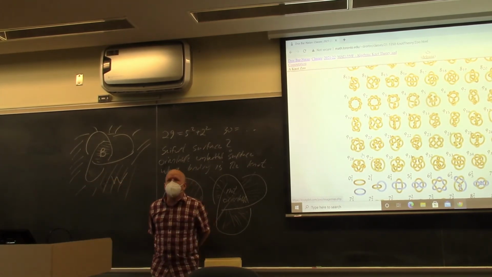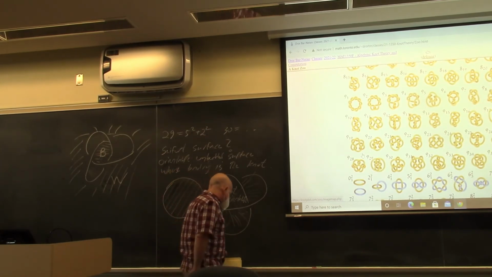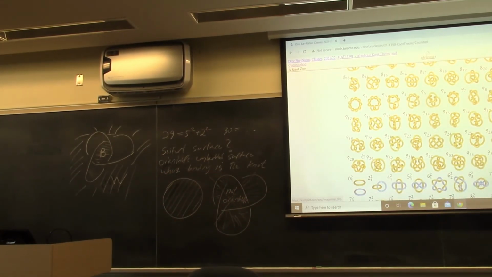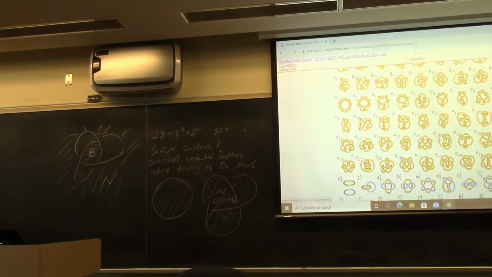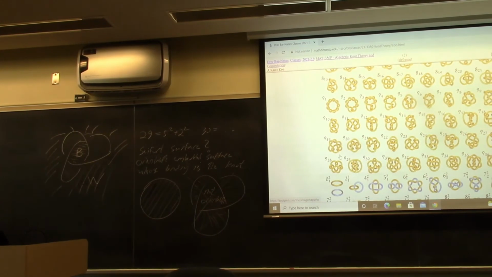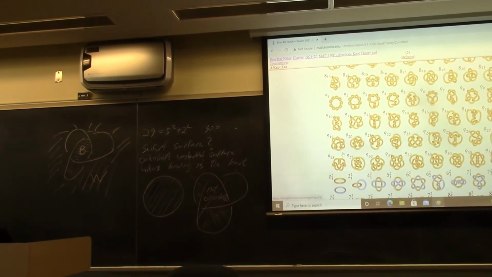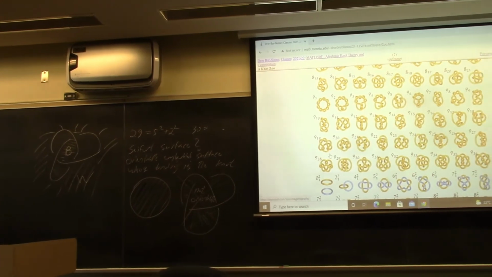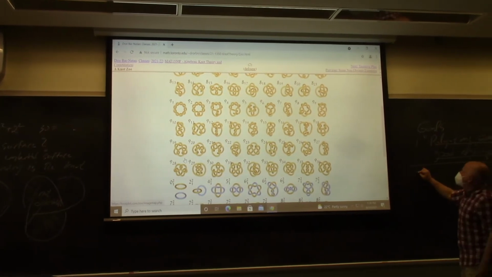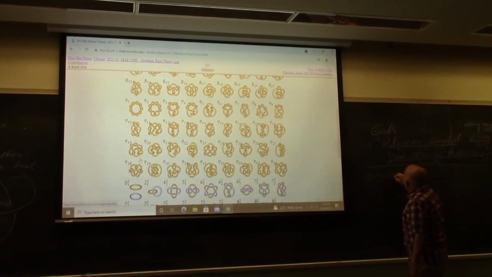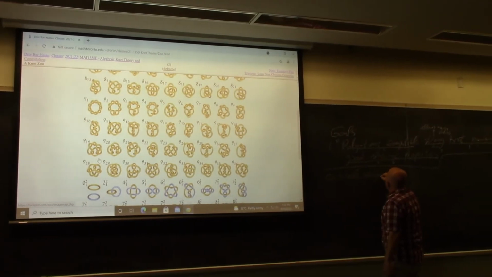Do people here know the classification of surfaces? So there is a classical theorem which I don't think we will prove in this class, but one should know, which says that if you are looking at orientable, connected.